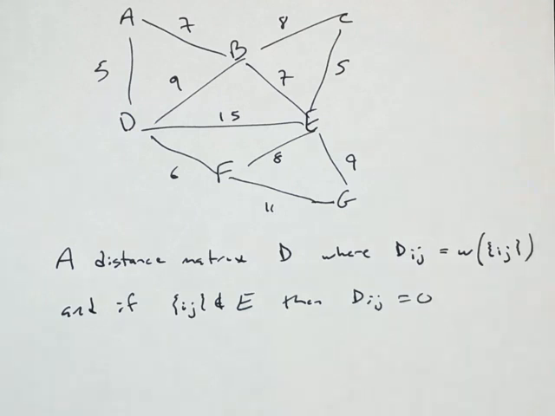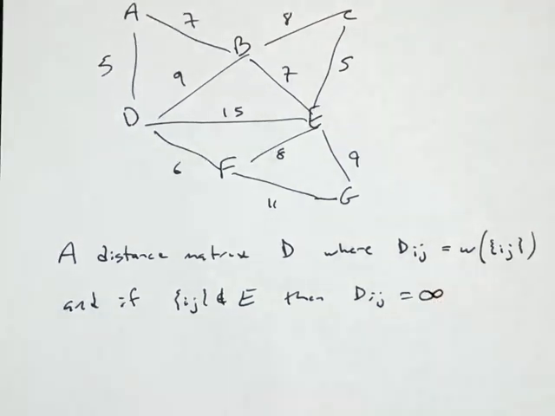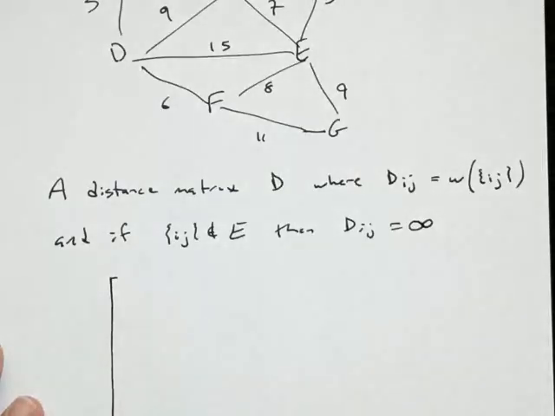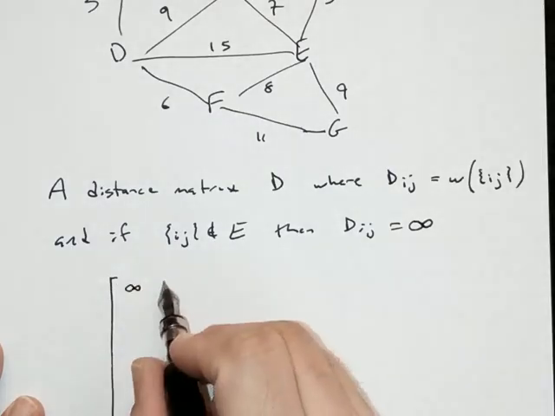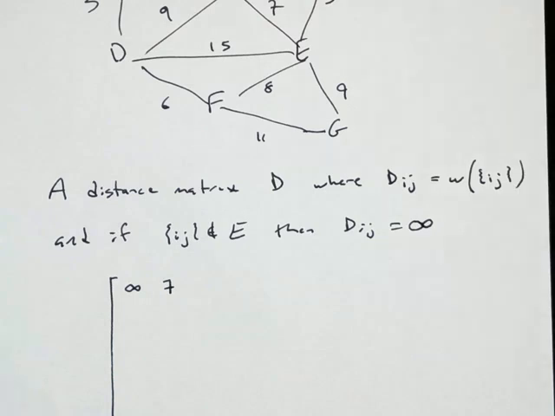So let me just change that from a 0 to an infinity. A is only adjacent to B and D.